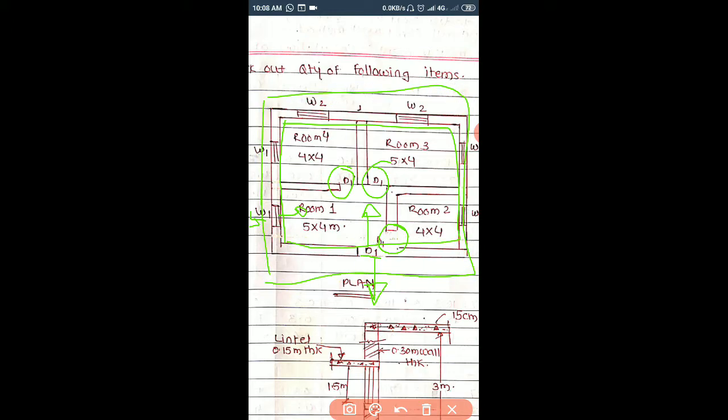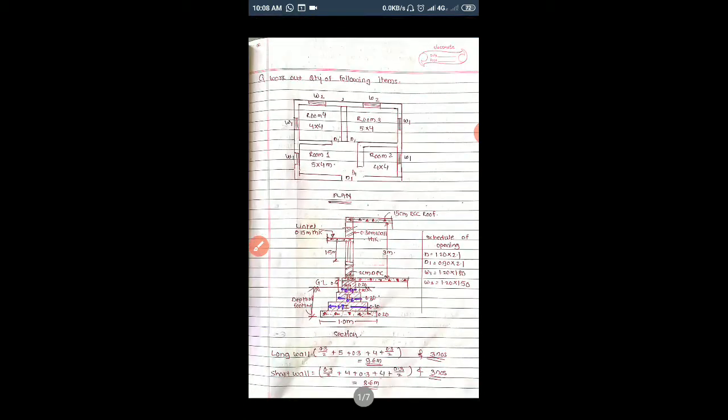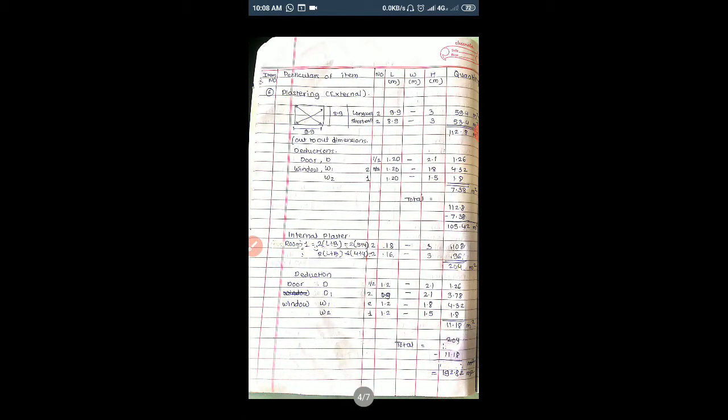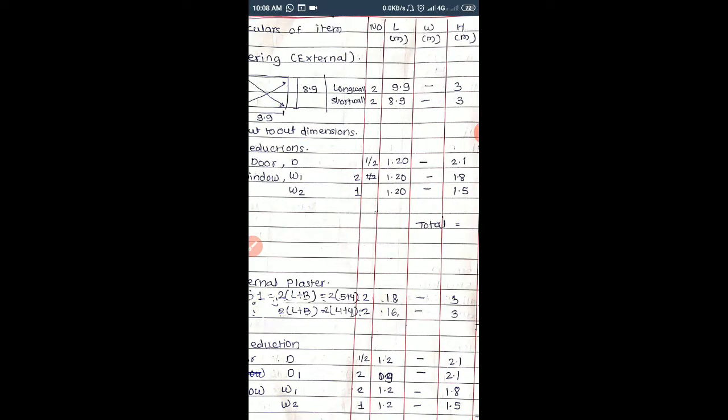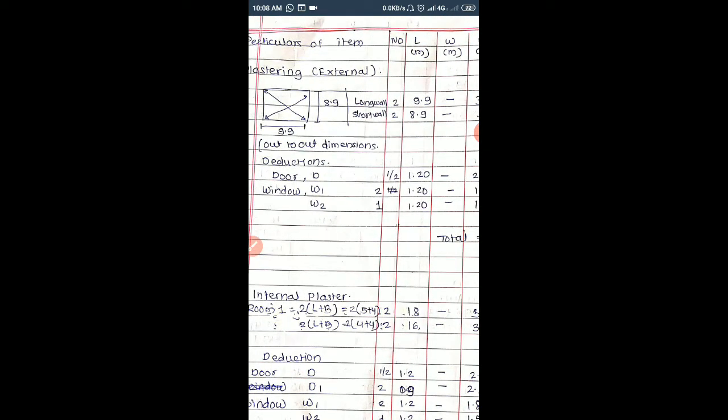Then we will get one whole window when we deduct. Whatever the doors and windows are there, internal and external, just consider those. Here only this main door we have to consider. Other doors are internal doors, so we don't have to consider those. Clear?